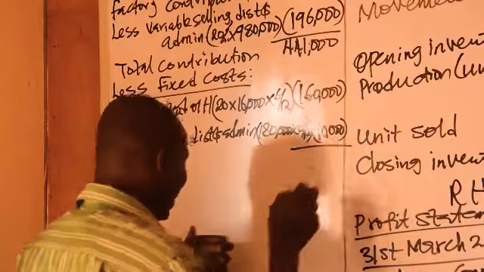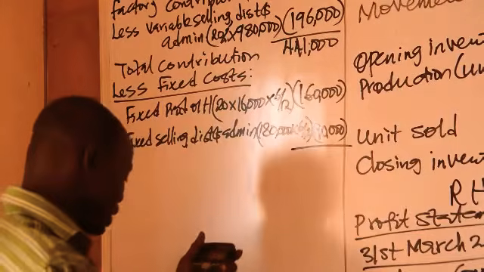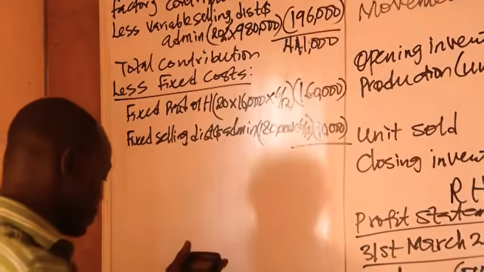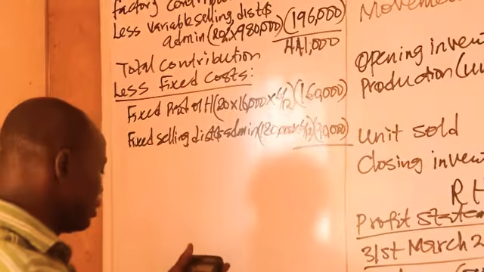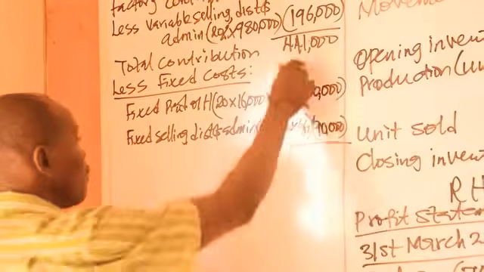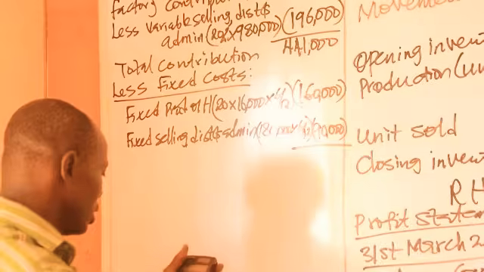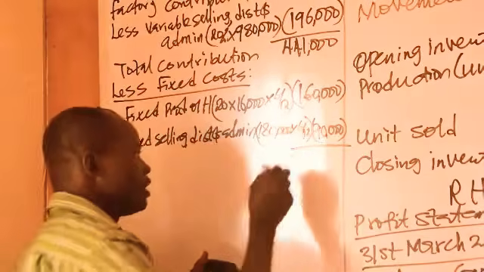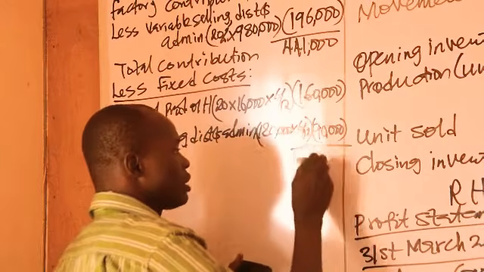So if you deduct the sum of the 160,000 and 90,000 from 441,000, then you'll be having 191,000.